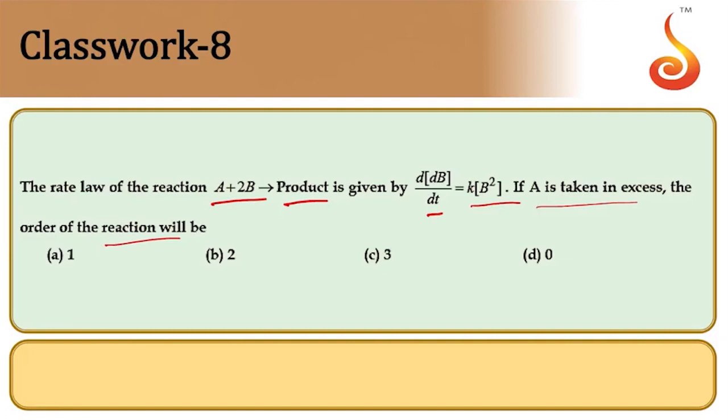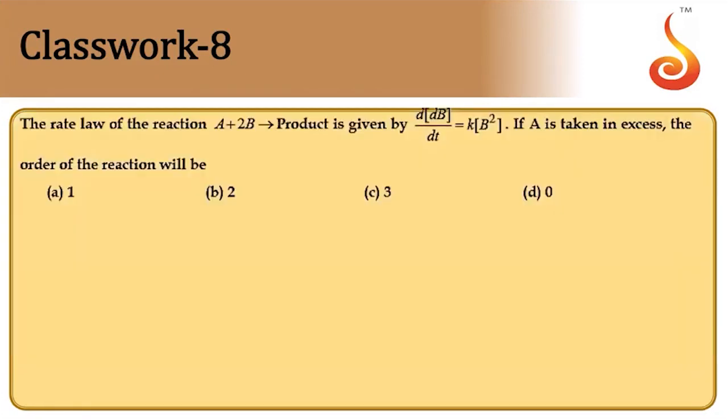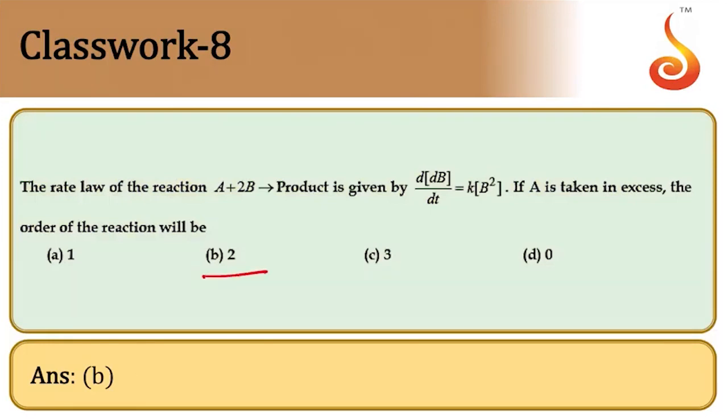Since A is taken in excess here, the rate depends only upon B, and it is B square. So the order of reaction will be equal to 2, B to the power of 2. Whatever you take in excess, the order is independent of that. Here A is taken in excess, therefore it depends only upon B, B to the power of 2, so the order is 2. So the answer is option B.